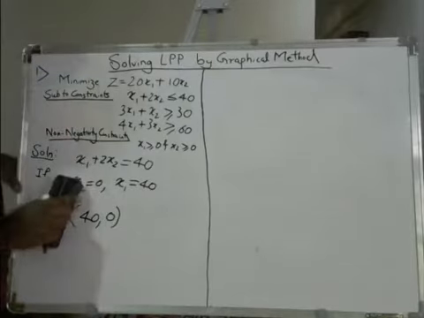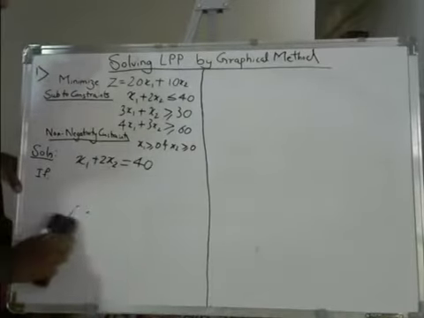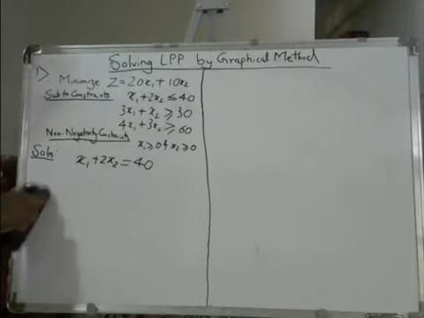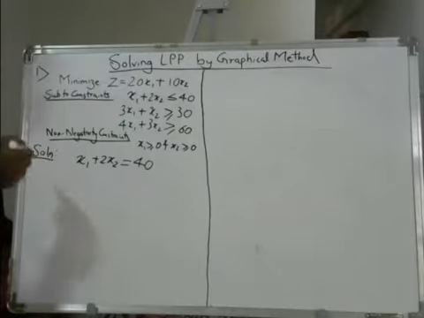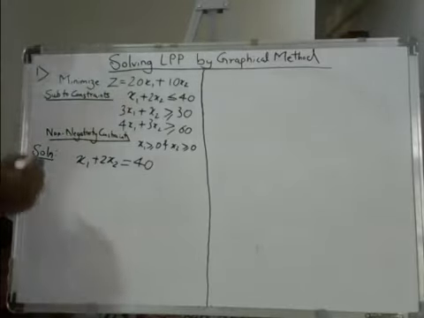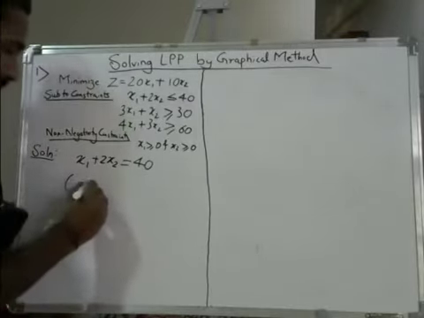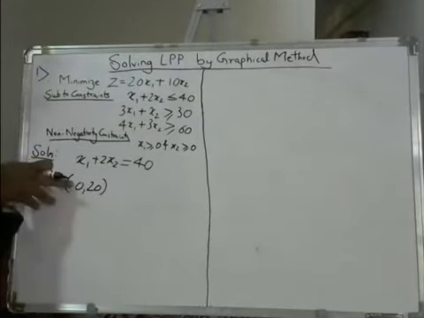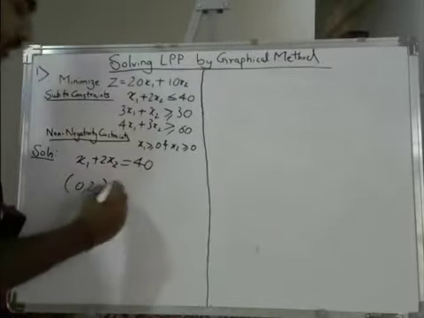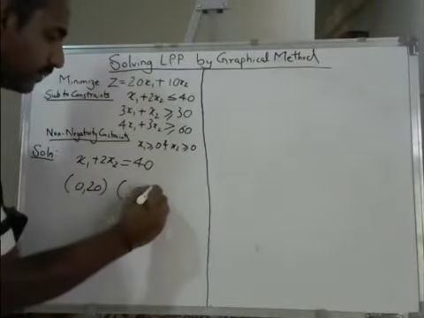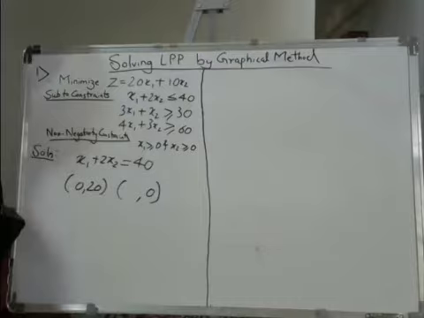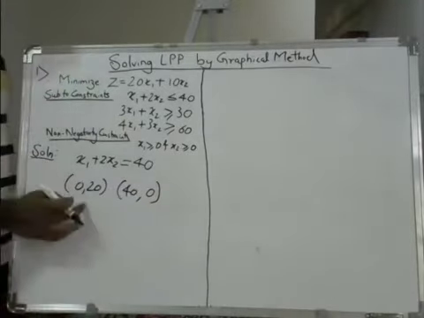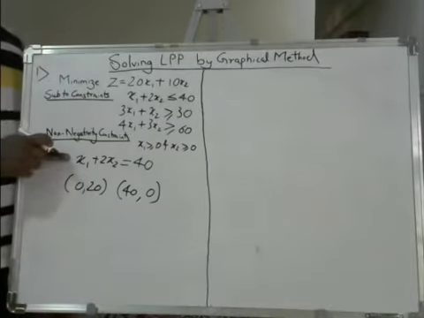For this particular equation we have got two coordinates: by putting x1 equal to 0 we got x2 as 20, and by putting x2 as 0 we got x1 as 40.